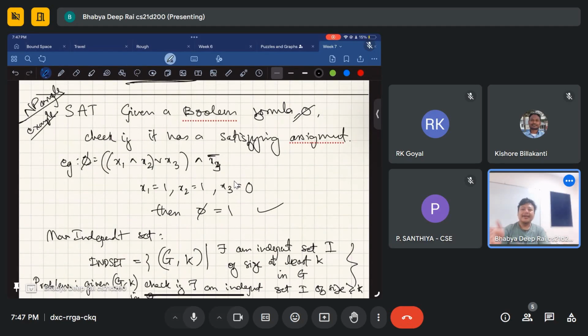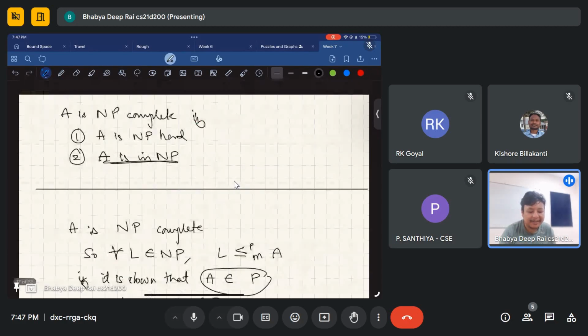Yes, because if you give me the set of vertices, I check whether there is any edge among them. If there are no edges among them, I'll say yes, the set you give is correct. So the certificate verifiability is easy, and it's in NP.